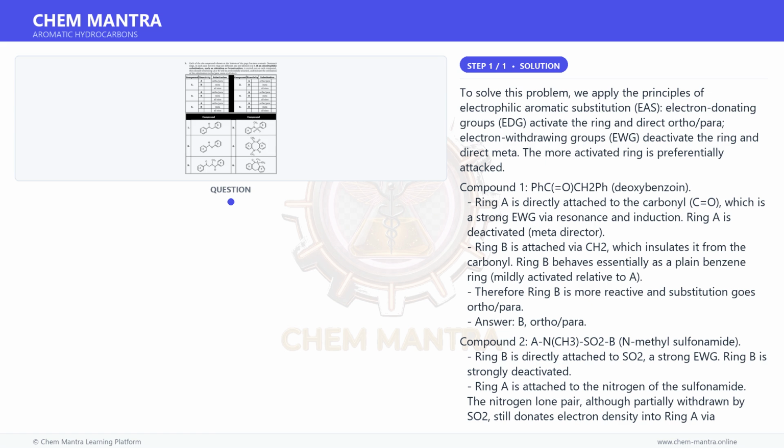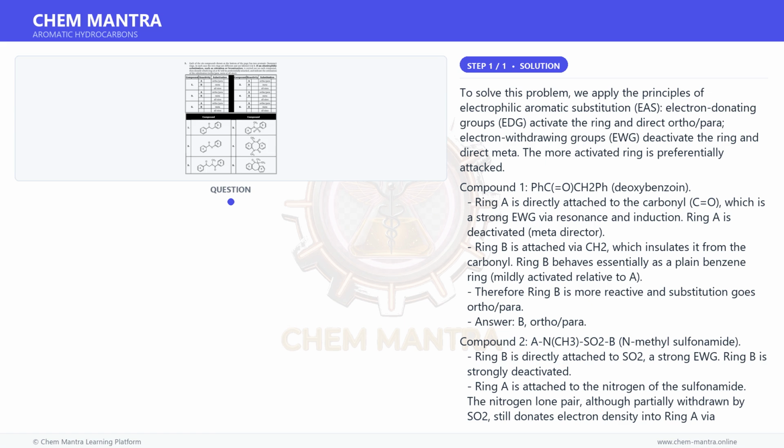Compound 1, PhC=O-CH2Ph, deoxybenzoin. Ring A is directly attached to the carbonyl, C=O, which is a strong EWG via resonance and induction. Ring A is deactivated, a meta-director. Ring B is attached via CH2, which insulates it from the carbonyl.